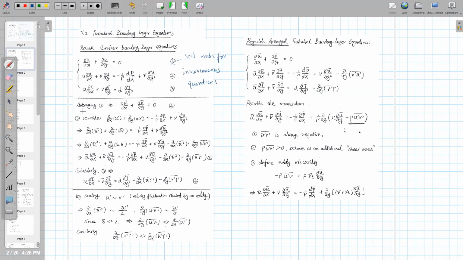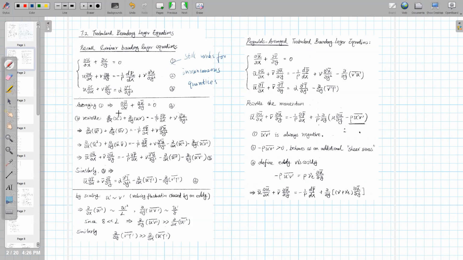So for the continuity equation, you just do the averaging directly, and you get the Reynolds averaged continuity equation. For the momentum equation, you need a little bit of derivation.